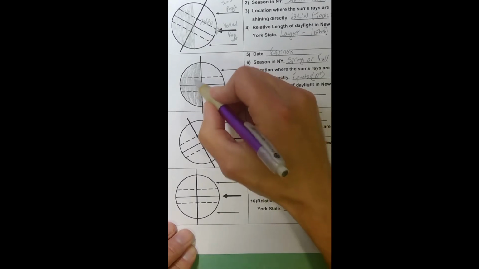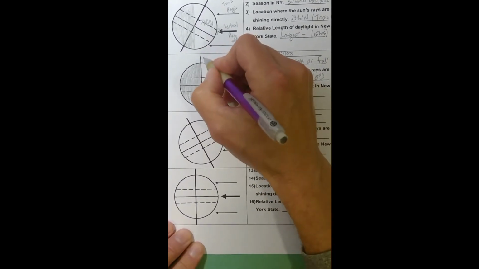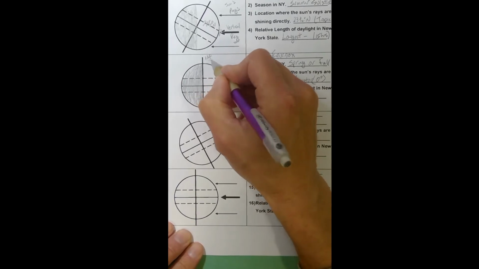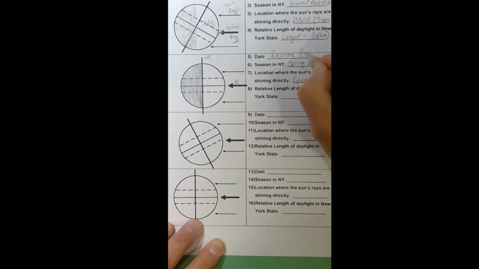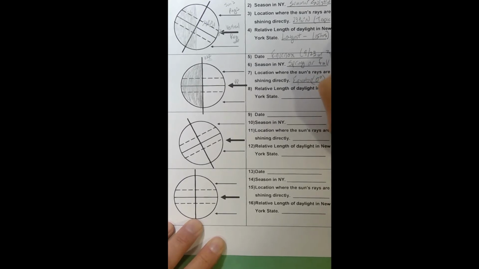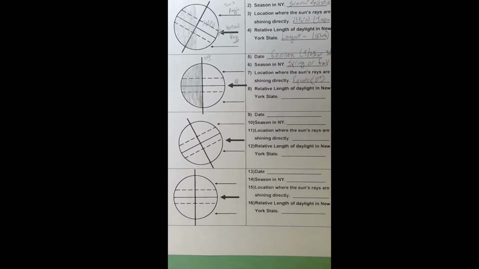One thing that you'll notice on this one: if I look at the North Pole, when the North Pole is on the Terminator, that means it's got to be an equinox. So this is going to be 9/23 or 3/21.